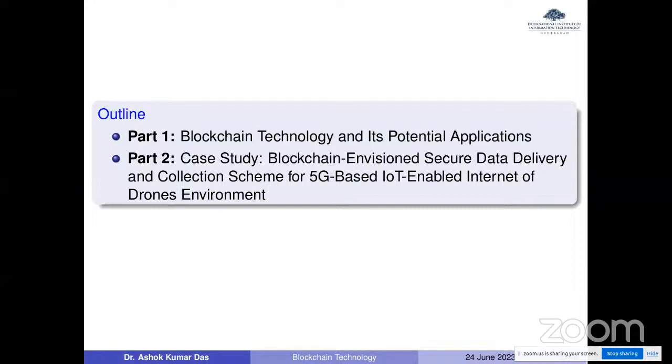There I will show that it is possible to use blockchain technologies to secure the data delivery as well as collection by the drones in drone delivery systems. We can make secure storage using blockchain technologies. And once we have data securely stored in the blockchain, we can do several other tasks. For example, we can do big data analytics in order to make better predictions of the data, etc. Okay.